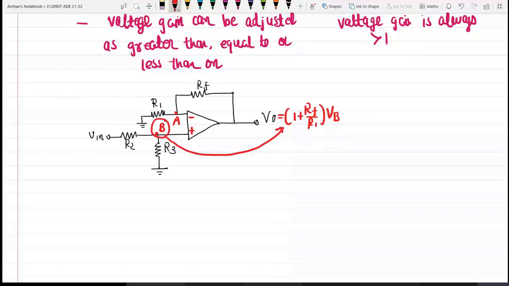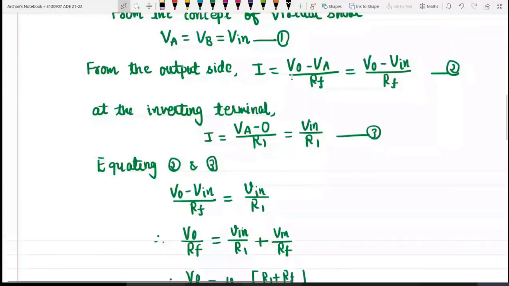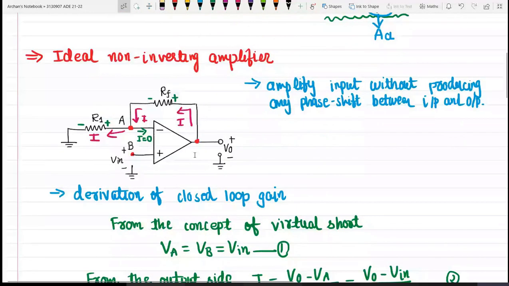So now you need to understand this. V in is directly applied in the previous case. Here V in is directly applied to terminal B, but here V in is applied through some resistive circuit. Okay, and this is the difference.